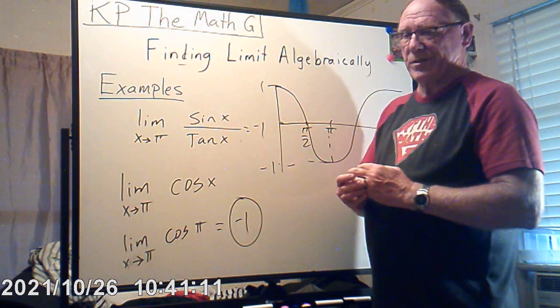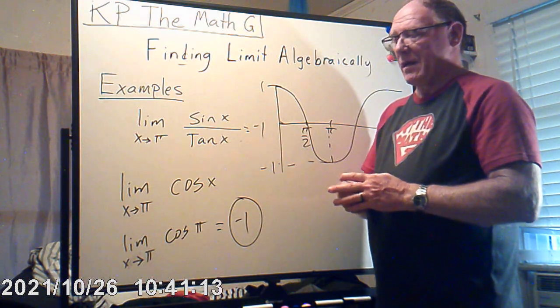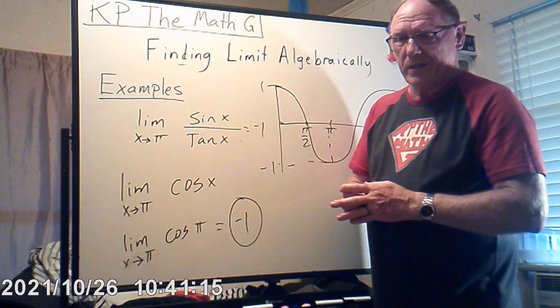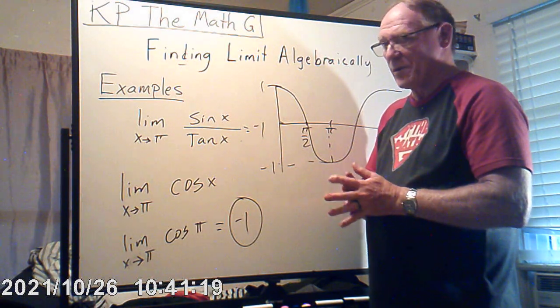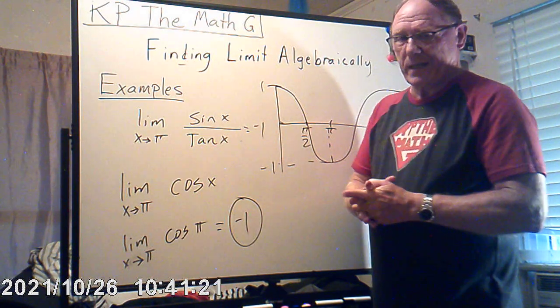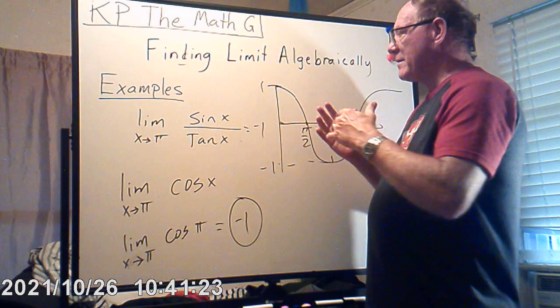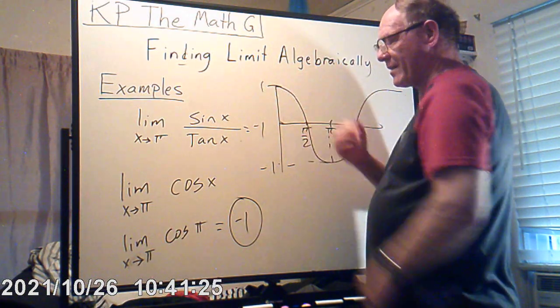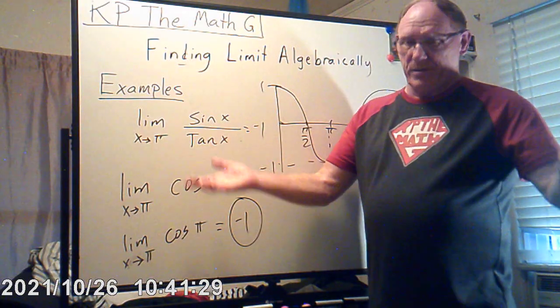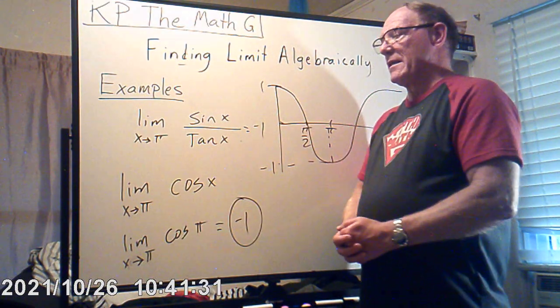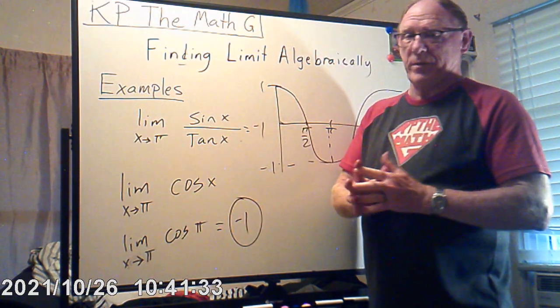In other cases, we just had to factor or get the conjugate of something. So those are the basic ideas behind finding limits algebraically. I hope this has been helpful. There are others that we could look at, I know, but these should help you along the way.